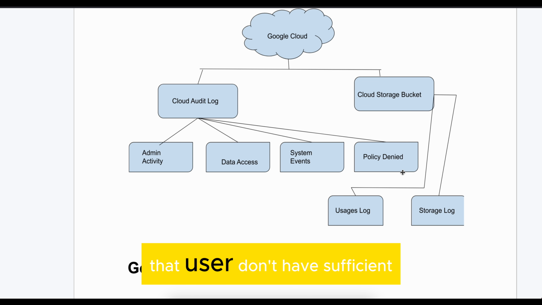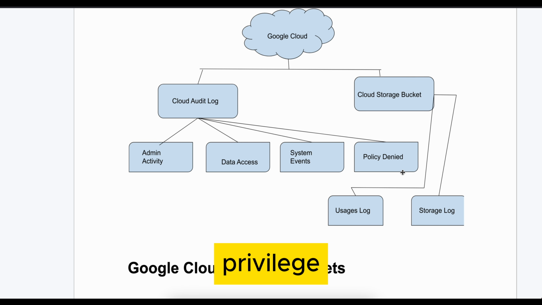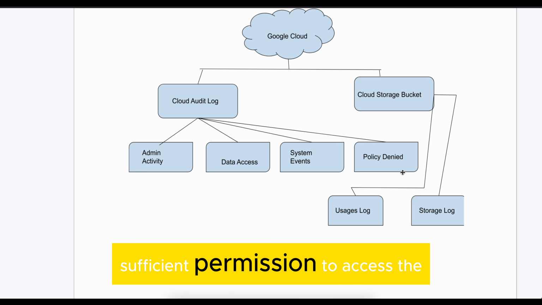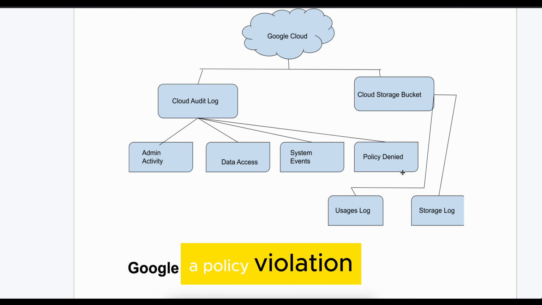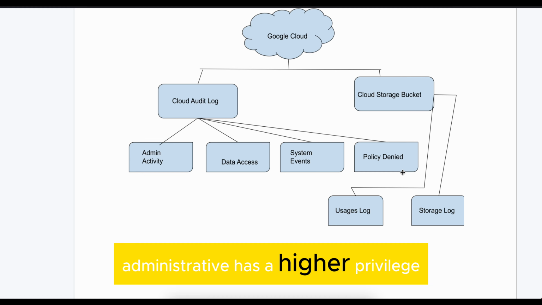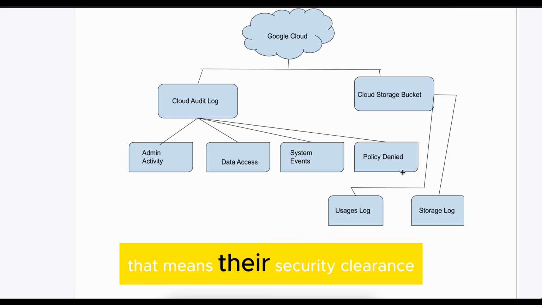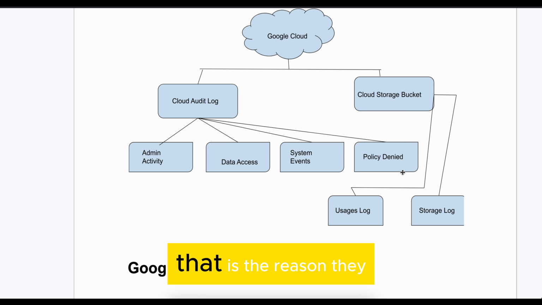Something happened where the user doesn't have sufficient privilege or permission to access the object. In such a situation, it's a policy violation. Just like we have user and administrative privilege, administrative has a higher privilege than user. That means their security clearance is also higher. That is the reason they can access the object.